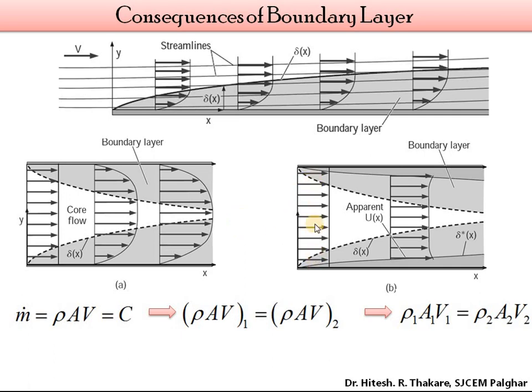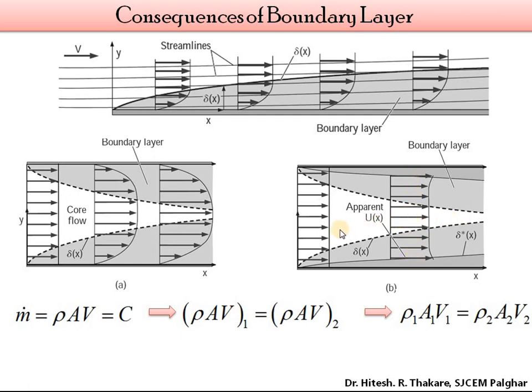Approach velocity has some arrow length, and as the boundary layer thickness increases, the velocity profile also has to change. This is the predicted velocity profile or velocity gradient profile, while this is the apparent one, which should be available if we want to continue with the flow, which means velocity at every point should be increased if we want to maintain that constant flow rate.